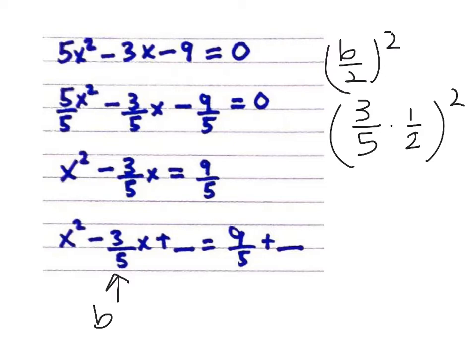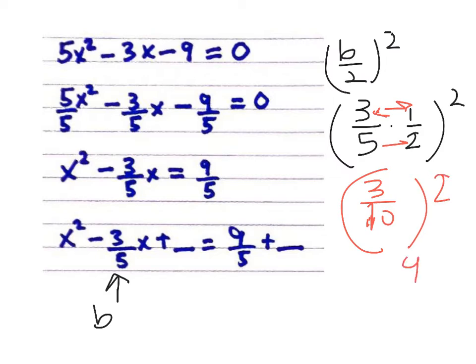So we do 3 times 1 is 3, and 5 times 2 is 10. So you're going to have 3/10 squared. We're going to have 3 squared is 9, and 10 squared is 100.